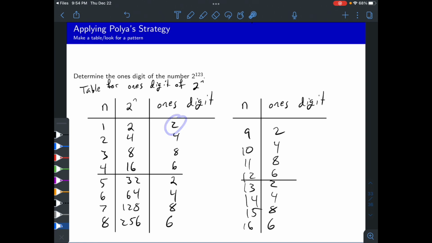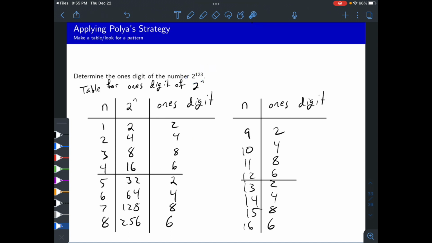If the ones digit is 2 and you double that number, you're going to get a number whose ones digit is 4. That logic is sound. We're not making any leaps of faith here. We're just logicking our way to this conclusion that every 4, the ones digit is just going to repeat.